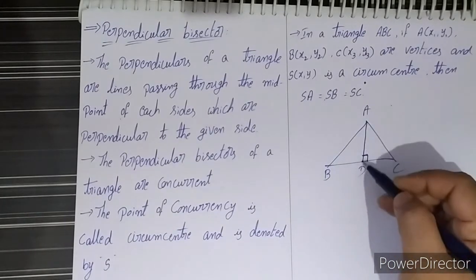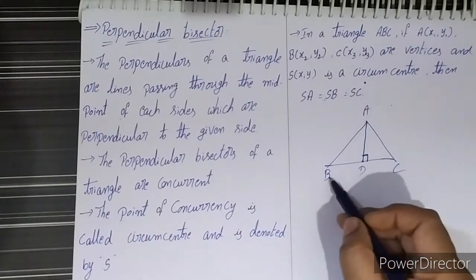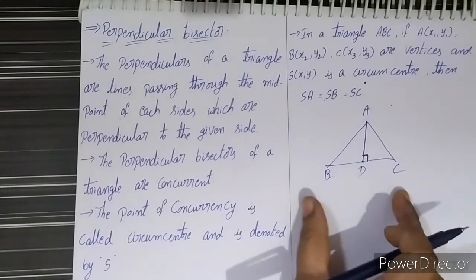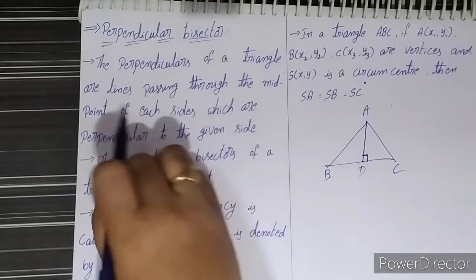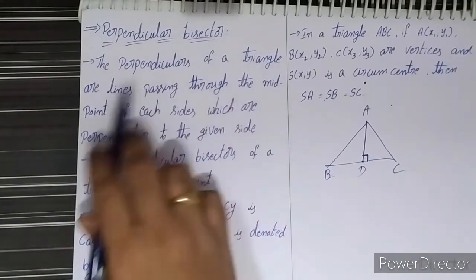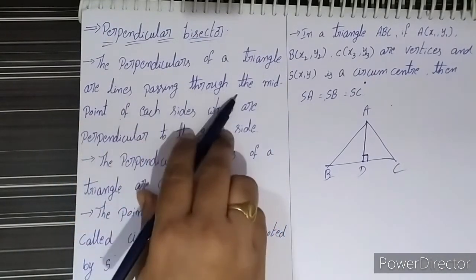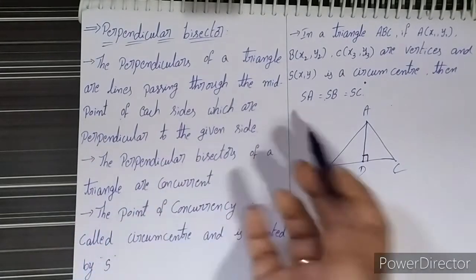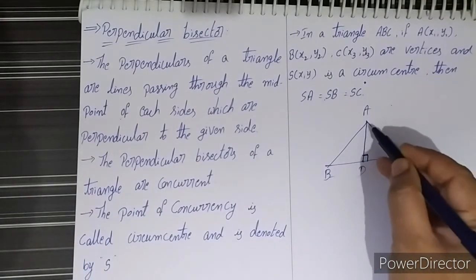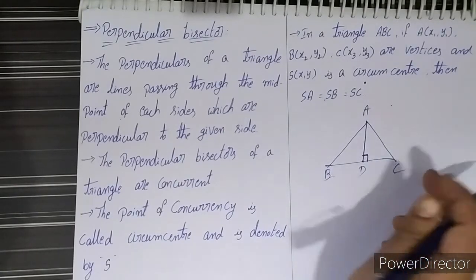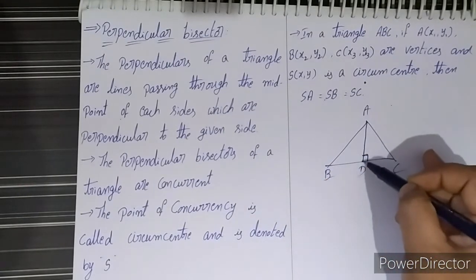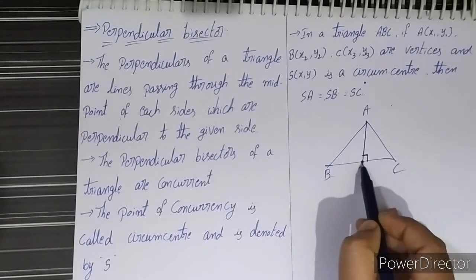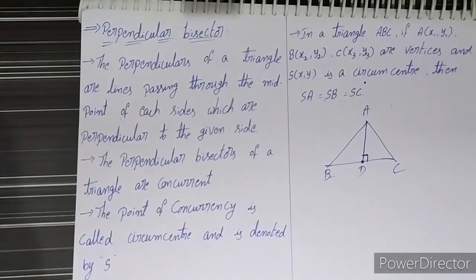That means the line AD is perpendicular to BC and also D is the midpoint of BC. The perpendicular bisectors of a triangle are lines passing through the midpoint of each side which are perpendicular to the given side. That is, this perpendicular bisector is perpendicular to the side and also this line touches the side BC at the midpoint of the side.